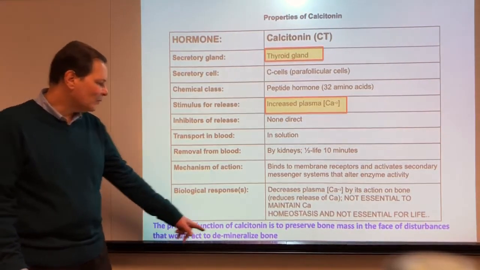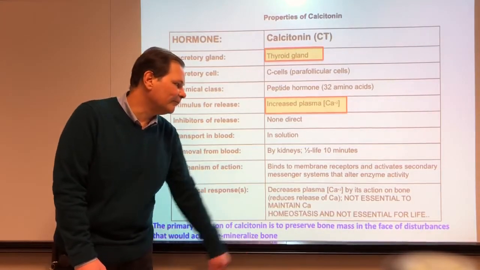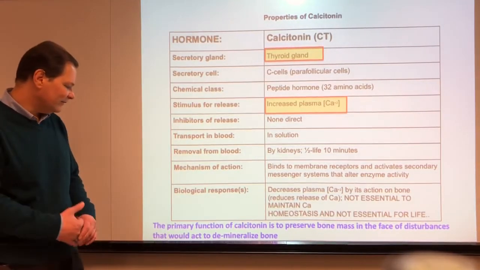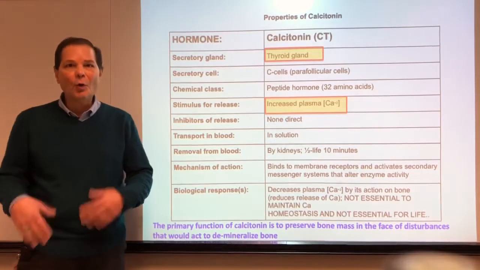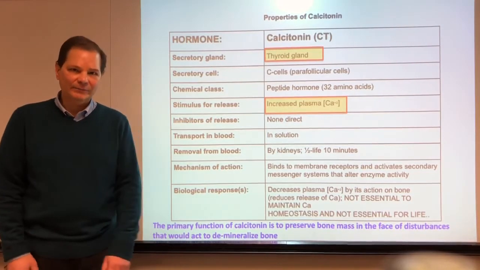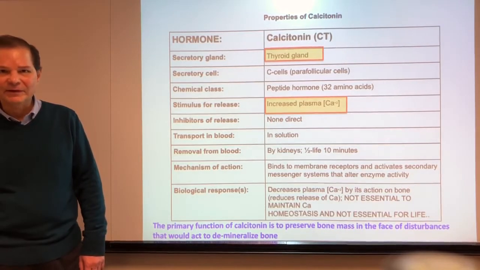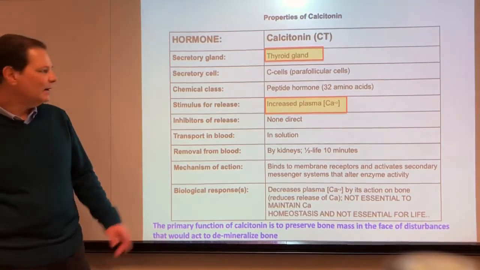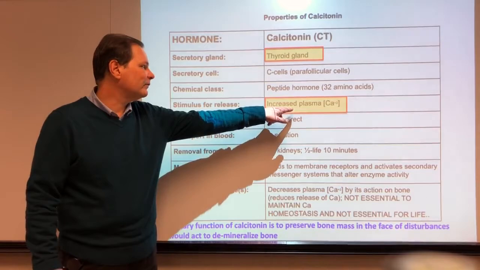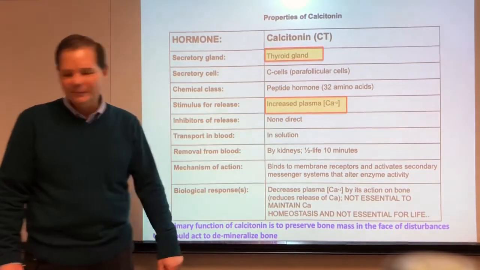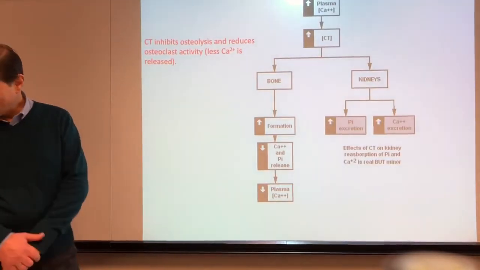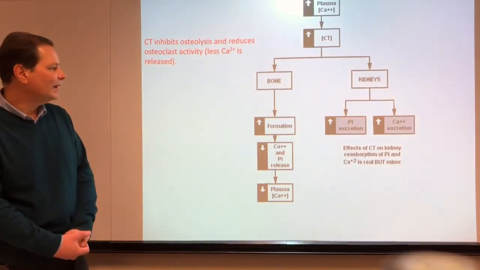And it's thought that its primary function is really to preserve bone mass in the face of disturbances that would overly demineralize bone. As much as anything else, that seems to be its purpose. But the thing to remember, its secretion goes up when plasma calcium goes up. Its actions are on bone and kidney.